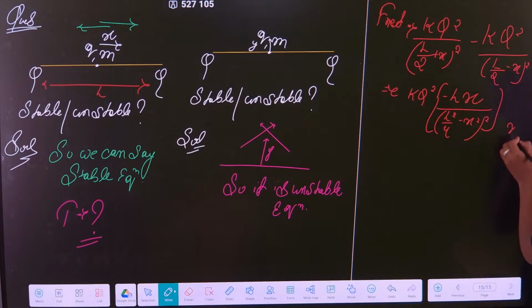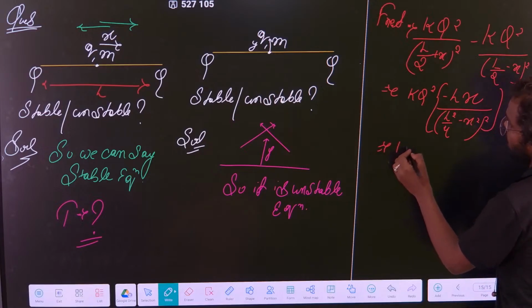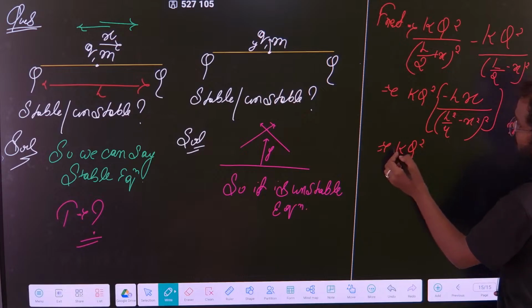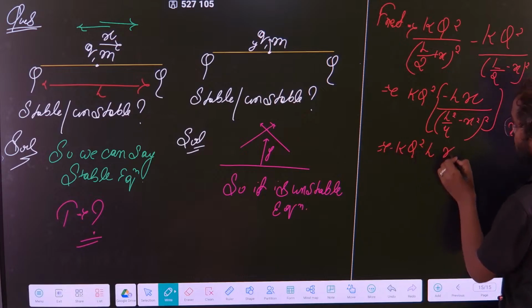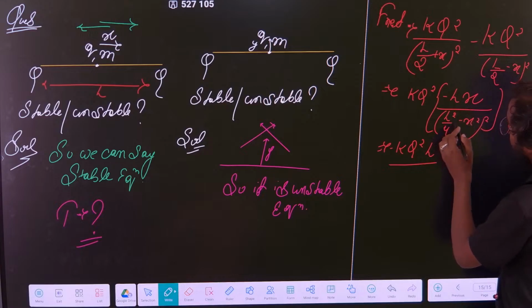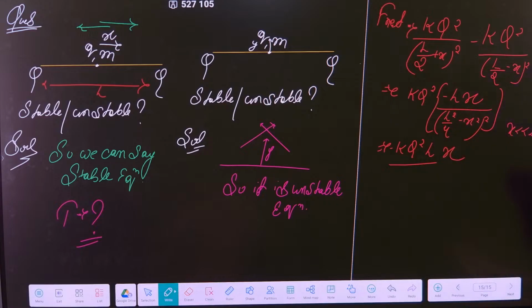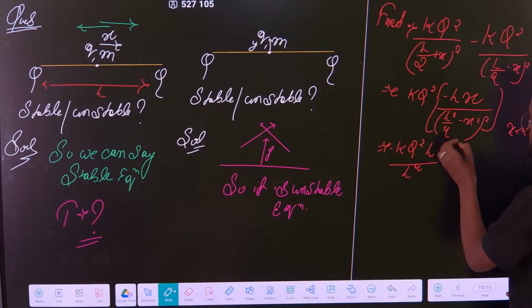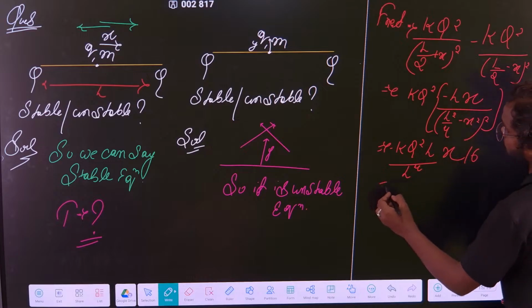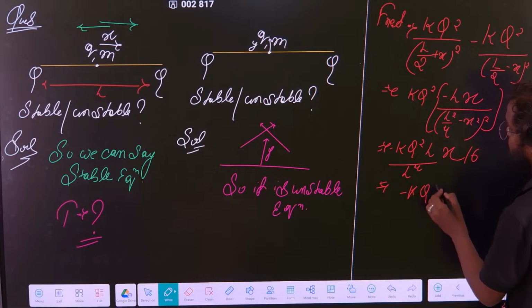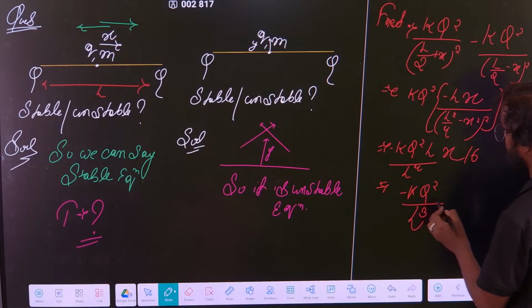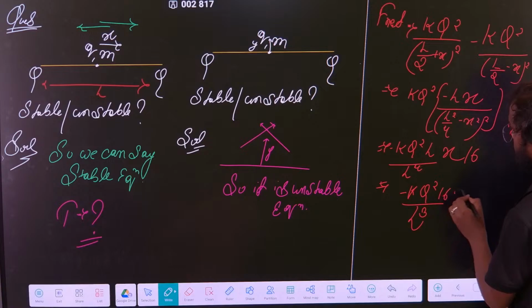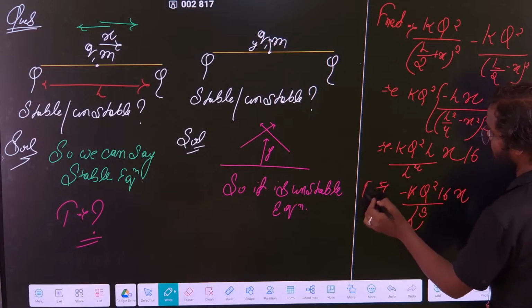And x is very much less than L, obviously, so we can neglect the x term, so it becomes L square minus x square by 4, so this x will be neglected, and this will become L to the power 4 into 4 square, that is 16. So from here you will get minus k q square by L cube, this will be 16 into x, and that is my F net.